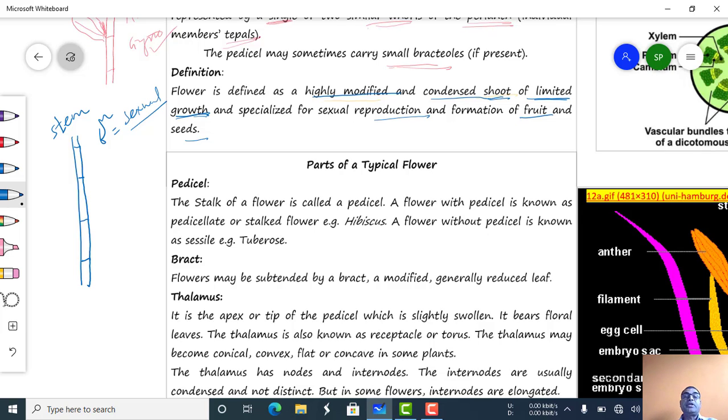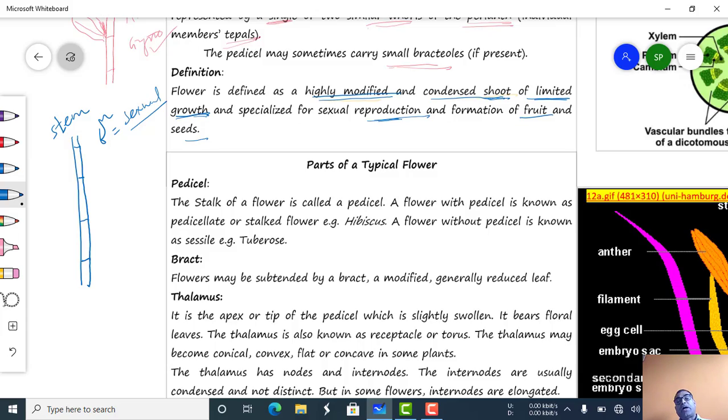Okay, remember this definition: a flower is a highly modified and condensed shoot of limited growth, specialized for sexual reproduction and formation of fruit and seeds.